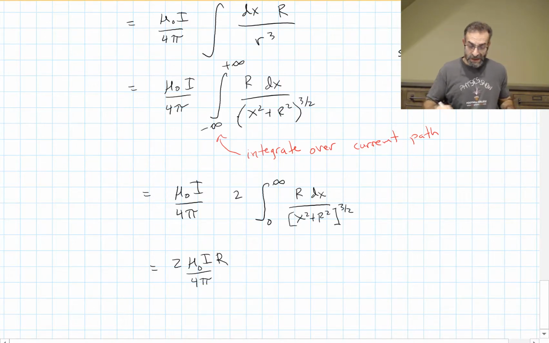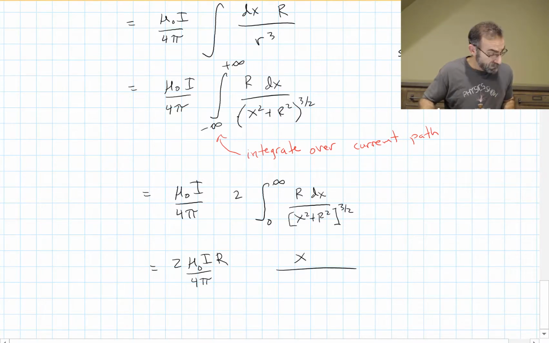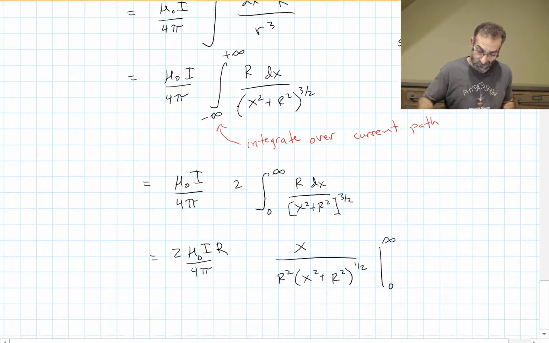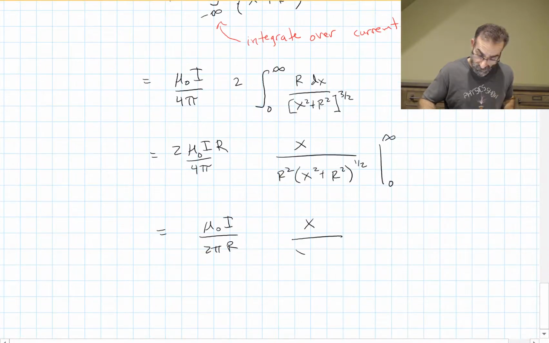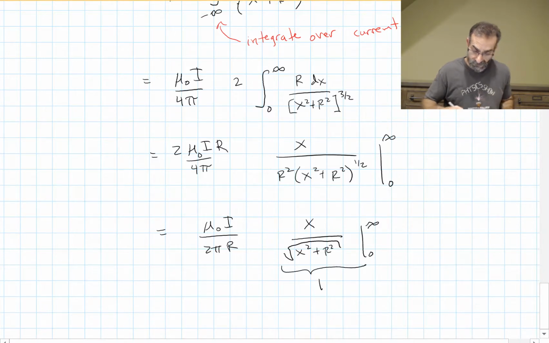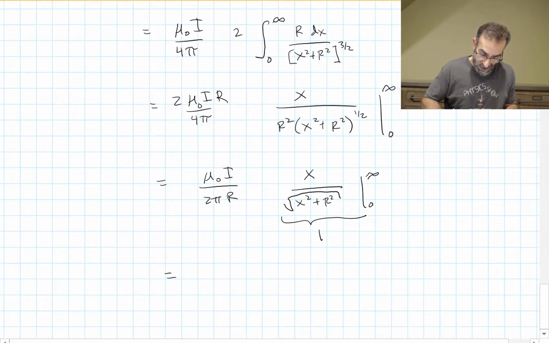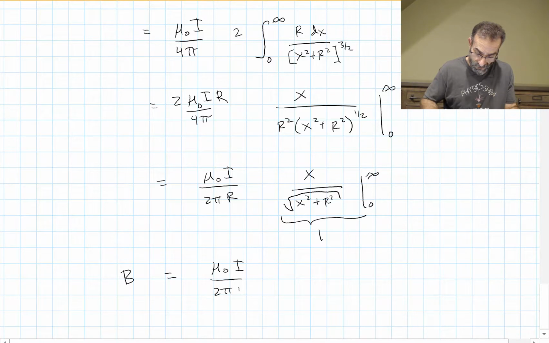R is a constant, it comes out, and I get x over, and this is just 1. So I get the magnetic field is equal to mu naught I over 2 pi R.